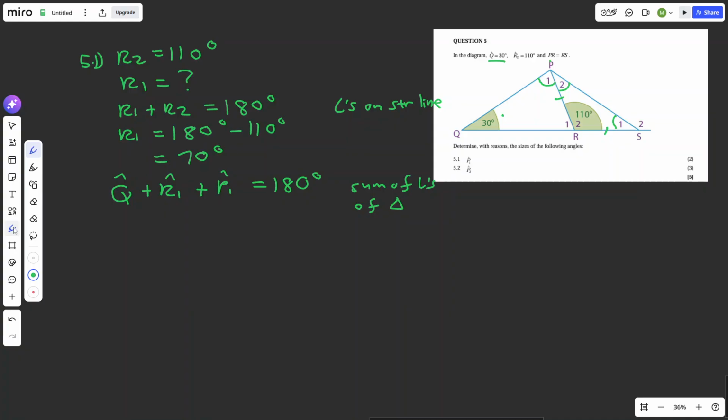So now P1 is equal to 180 degrees minus R1, which is 70, minus Q, which is 30 degrees. So the angle here will be 80 degrees. So this angle here is 80.